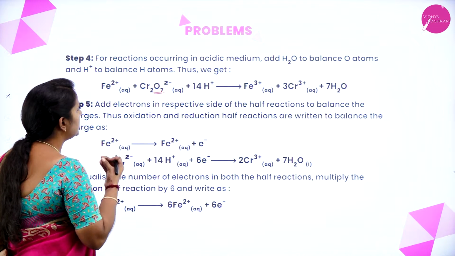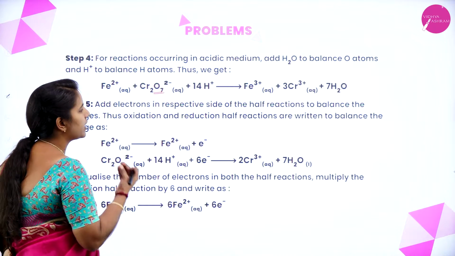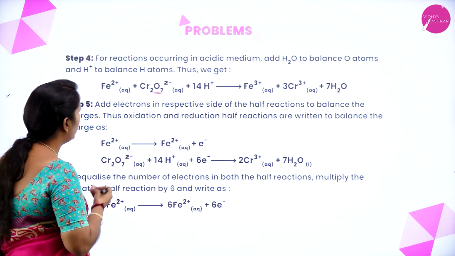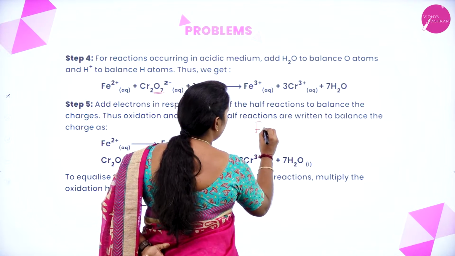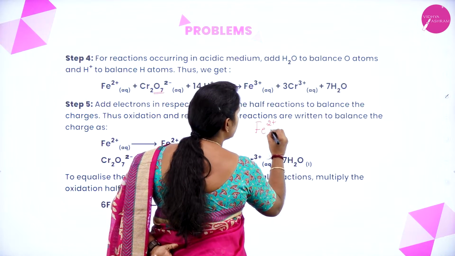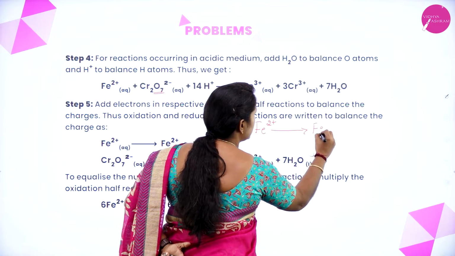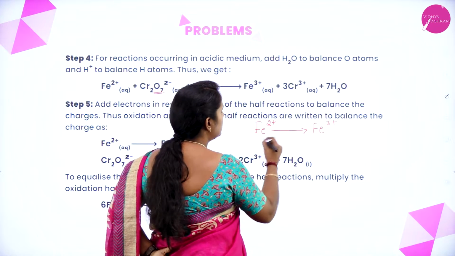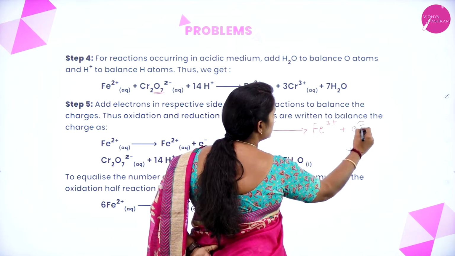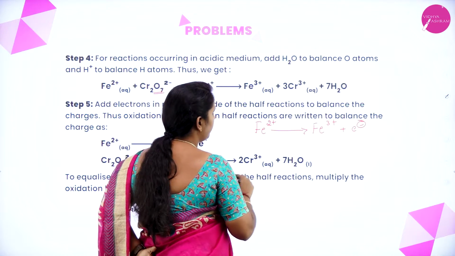Thus, the oxidation and reduction half reactions can be written as follows. Iron changes from the +2 state to the +3 state, so one electron will be lost. Is it right? From +2 to +3.